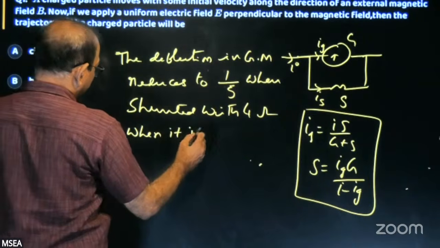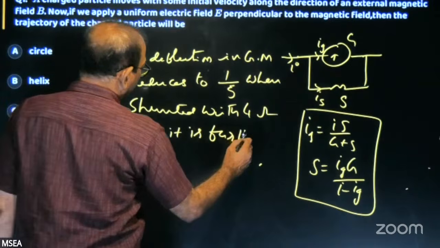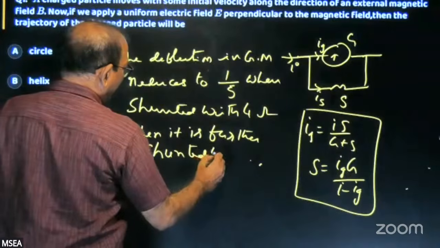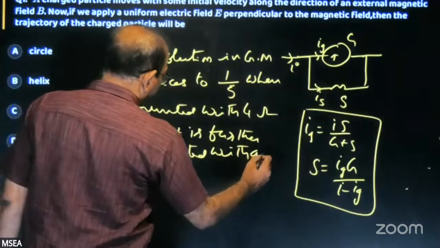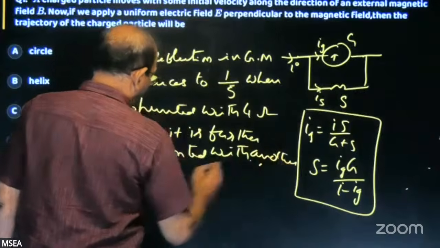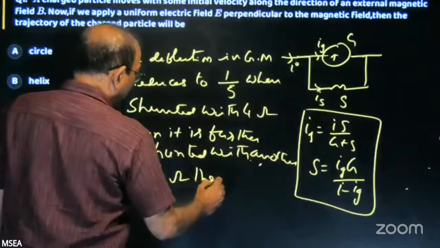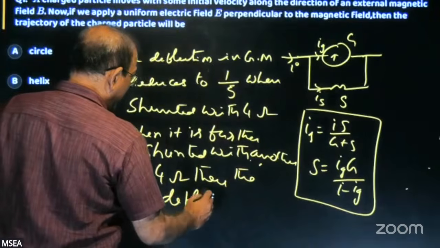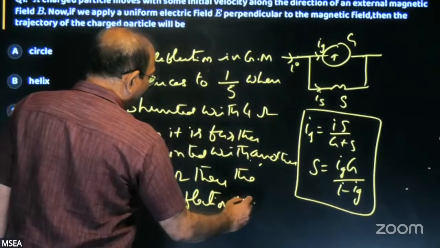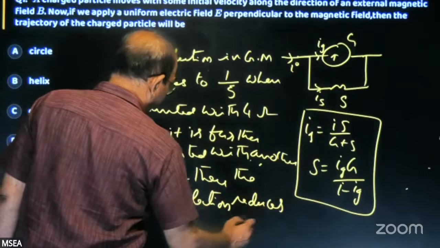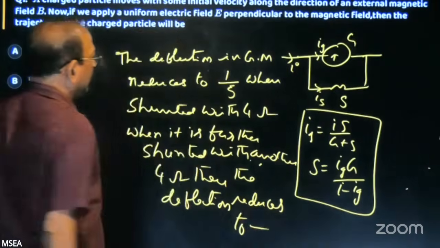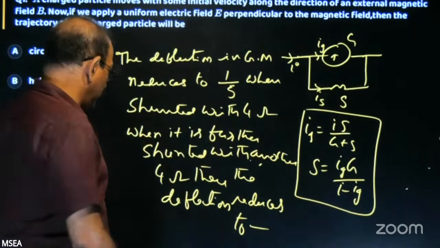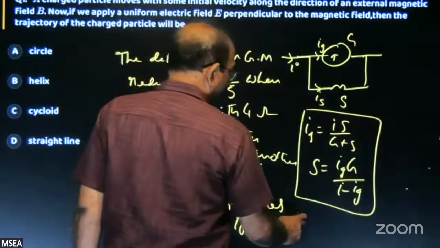When it is further shunted with another 4 ohm, the deflection reduces to dash. See this problem, how to solve an ammeter problem with a shunt.